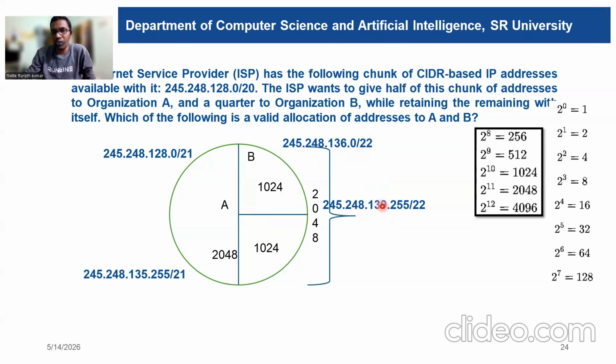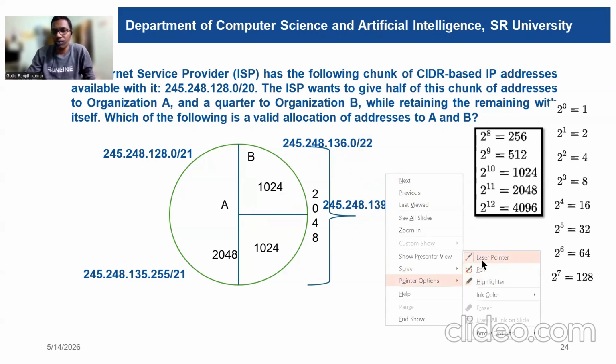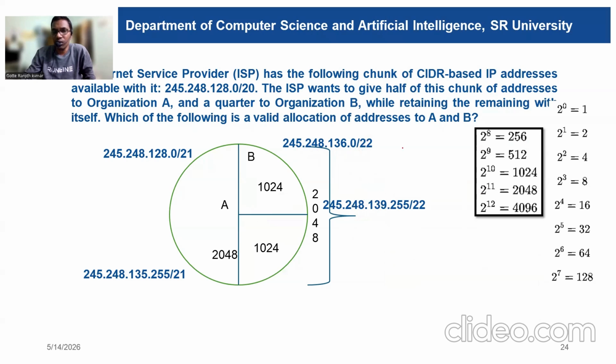For example, if this address space, just assume that in total it represents n addresses, but only n minus 2 are used to represent hosts or systems in the network, because the first address is reserved for the network address, the last address is reserved for the broadcast address. So in this way, CIDR will be used, and here if you observe, for this 21 bits are used for the network address, for this 22 bits are used for network address, and for this one also 22 bits, right?